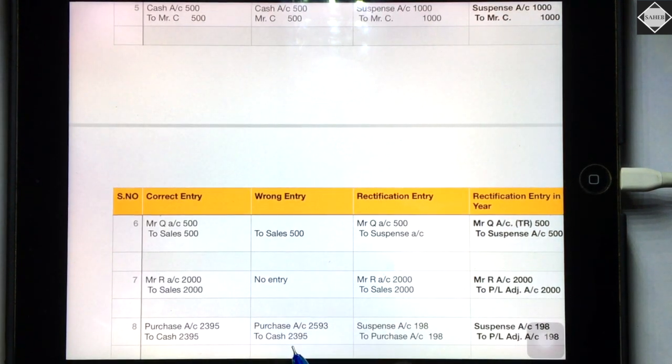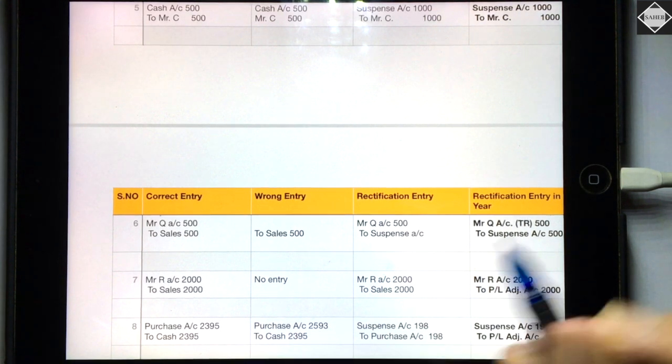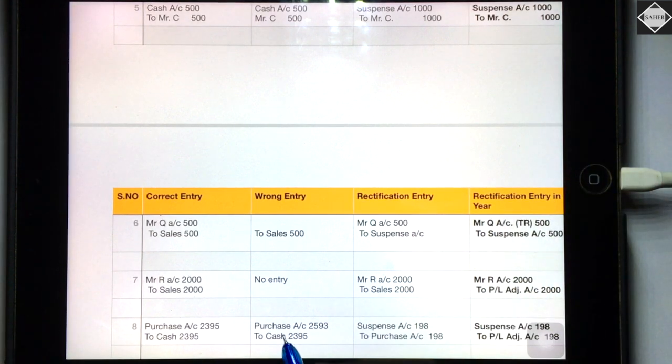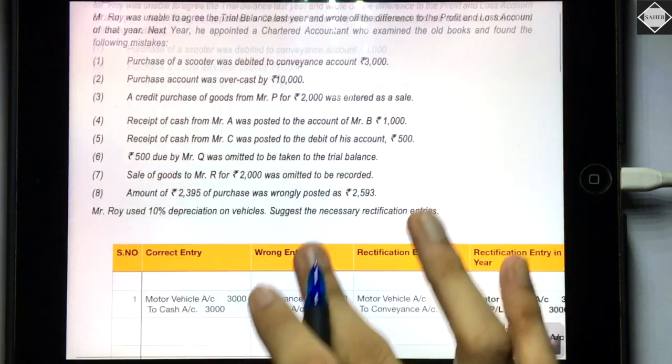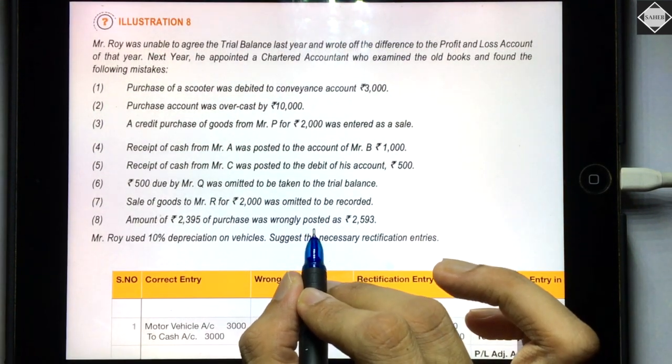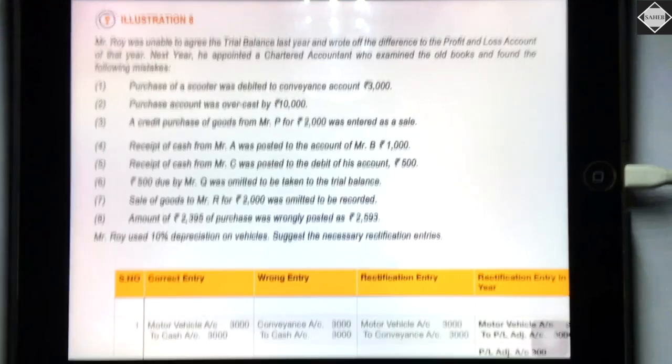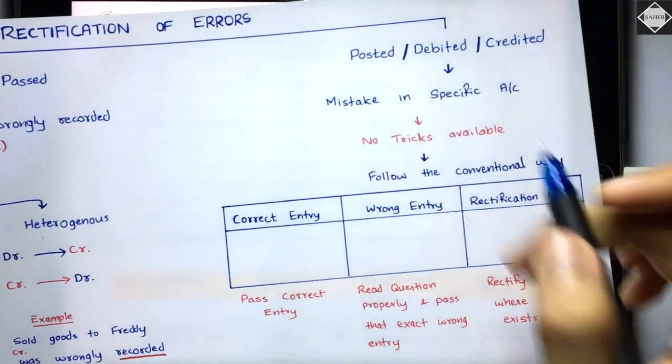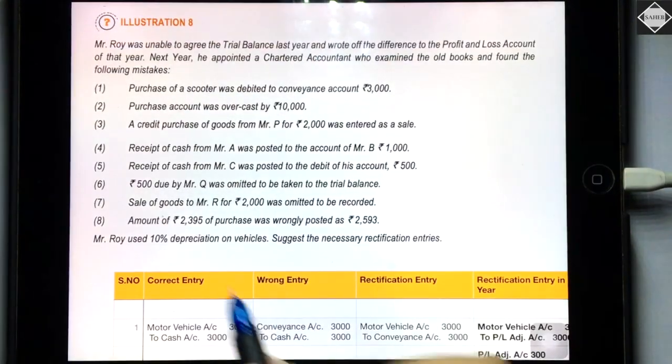But the wrong entry was, see the wrong entry properly. What was the wrong entry? The wrong entry was 2593 amount was used only for the purchase account, not for the cash. Because which category is this? This is the posted, debited, credited category. Mistake is there only in a specific account, that is the purchase account.